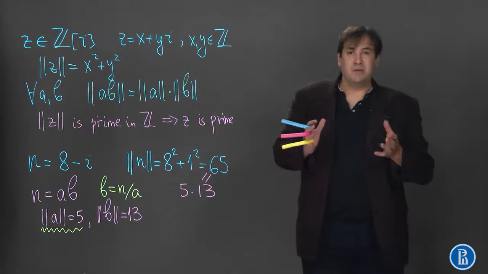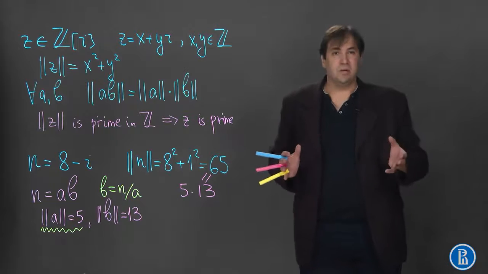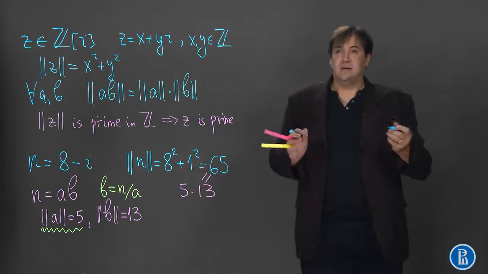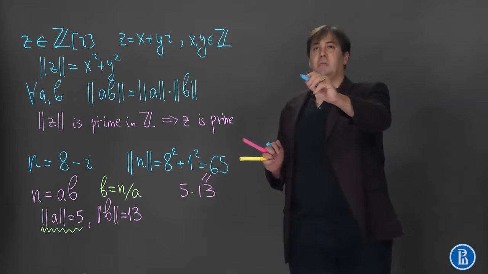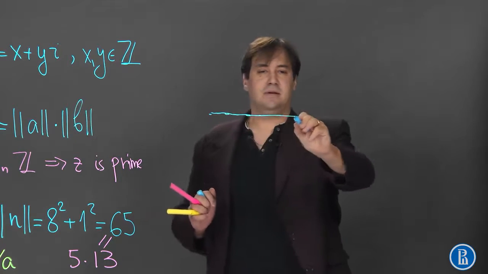For that purpose, we'd like to take a look at all complex integer numbers with norm equal to 5. Let's draw the complex plane. Well, not all of it, but just part of it.